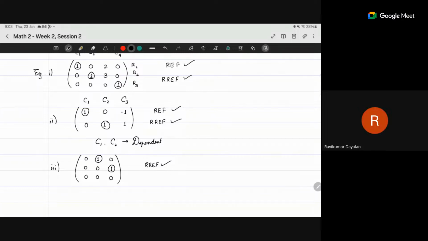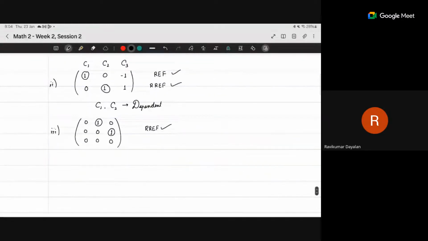So here C2 and C3 are dependent, right? Yes. And C1 is independent. So if you try to write the solution to this, what will it be?